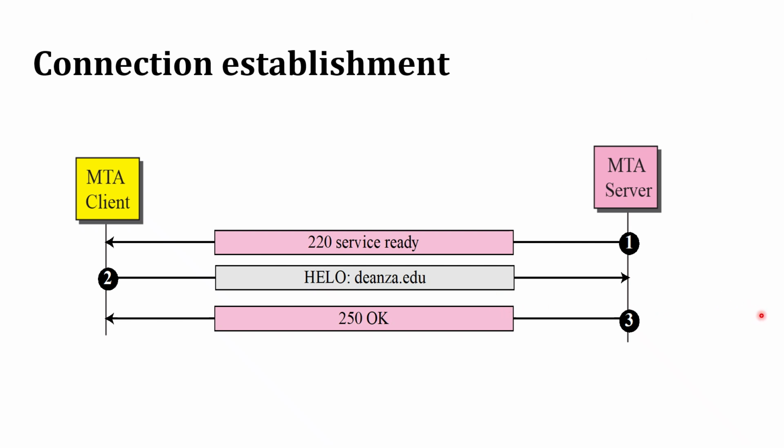The server acknowledges the client's identification with the response code 250, signaling that the connection has been successfully established and the client can proceed with sending mail. This handshake ensures that both the client and the server are aware of each other before any messages are transmitted.